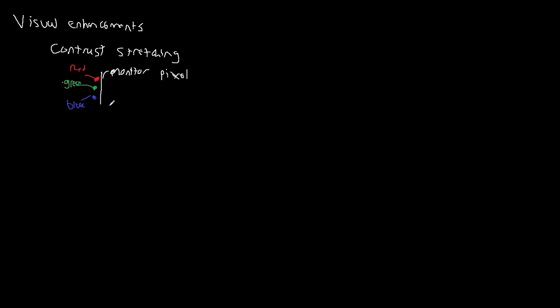We said the band assignment controlled what wavelength regions dominated how much red, green, and blue were being produced. What contrast stretching does is relate pixel values to display values.